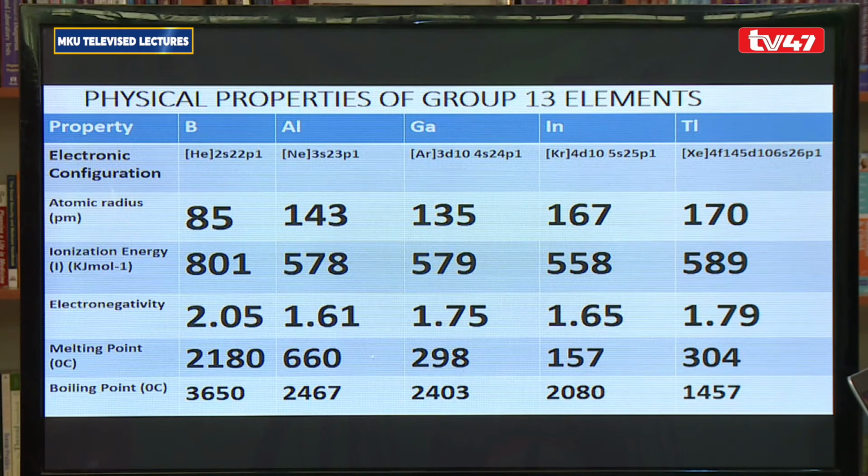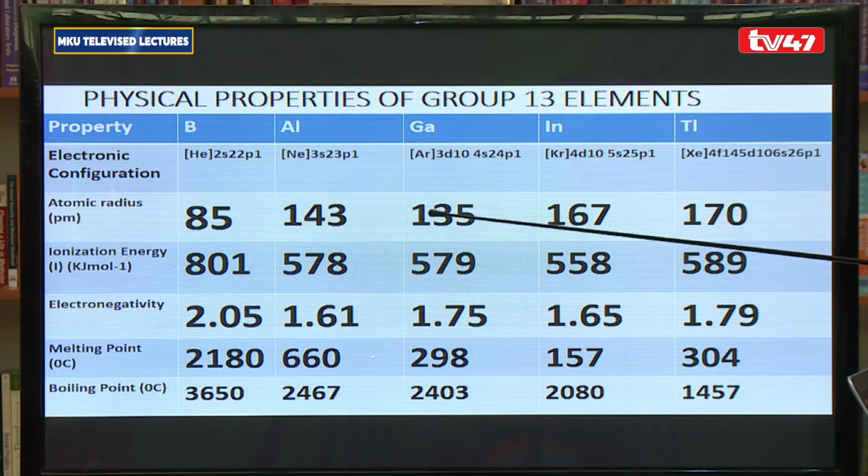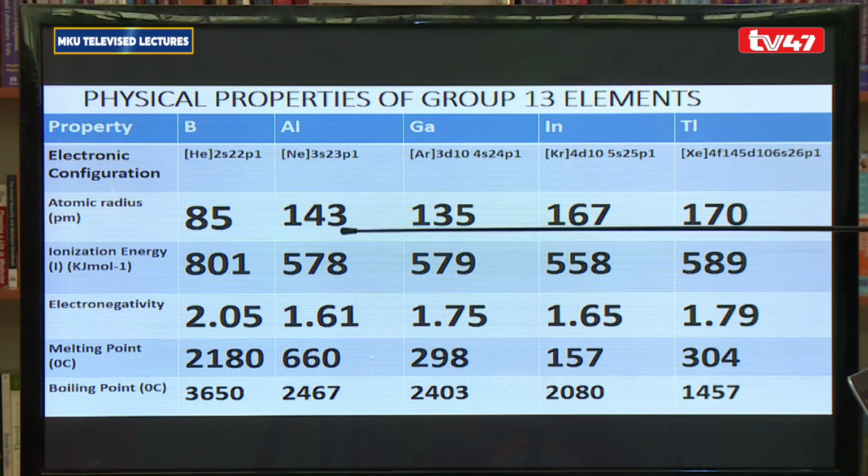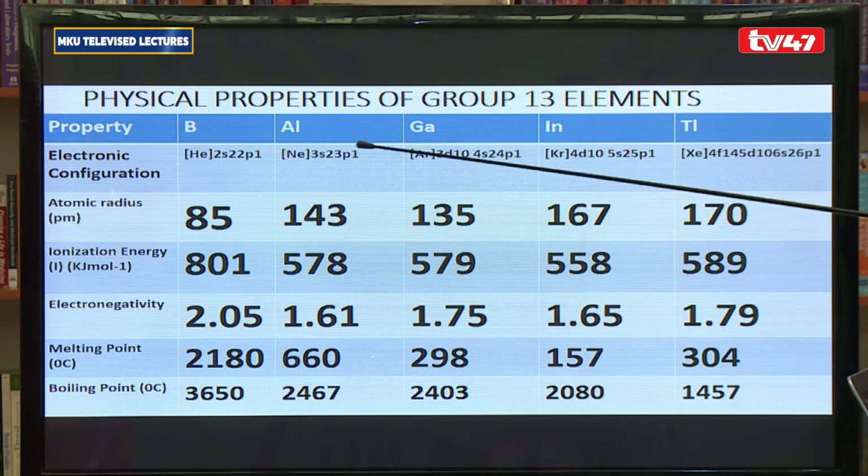The d orbitals have poor shielding effect, and so the outermost electrons are strongly attracted towards the nucleus. So you'll see that between aluminium and gallium, the atomic radius decreases from 143 to 135. That is not what we would expect, because the atomic number is increasing.